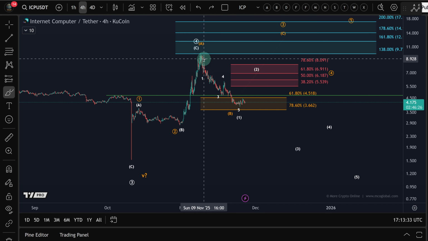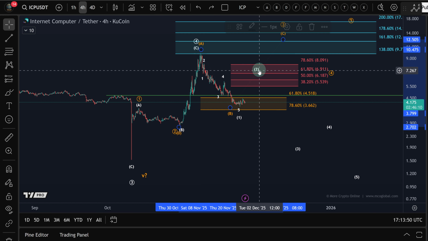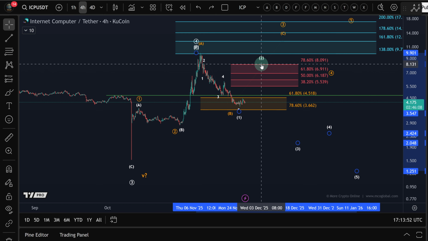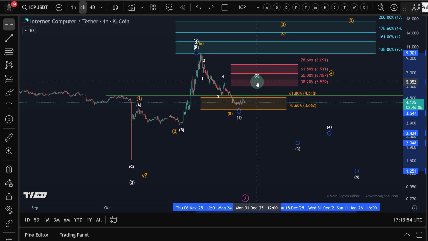I would only change my opinion about this and adopt a more bullish perspective should the price break above the initial pivot, above initial resistance at $8.09, because that level is a little bit too high for this wave 2.